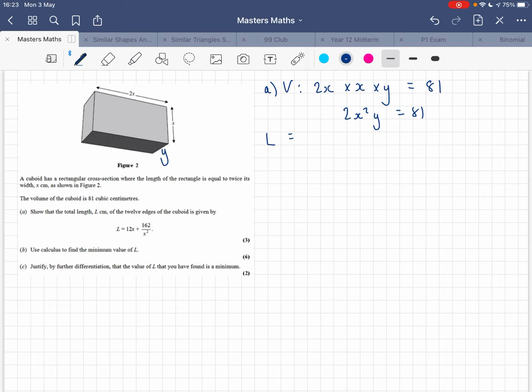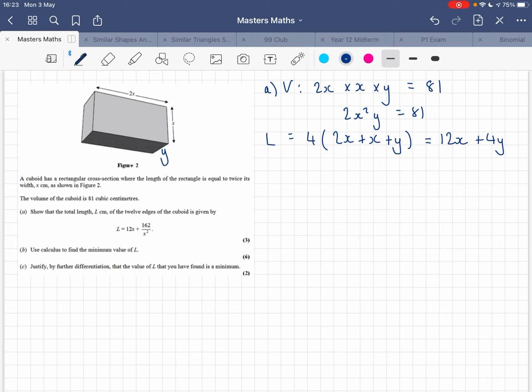So we've got 4 of the 2x's around the middle, 4 x's going vertically, and 4 y's going diagonally. So we have 4 lots of 2x plus y, which is 8x plus 4x is 12x plus 4y.